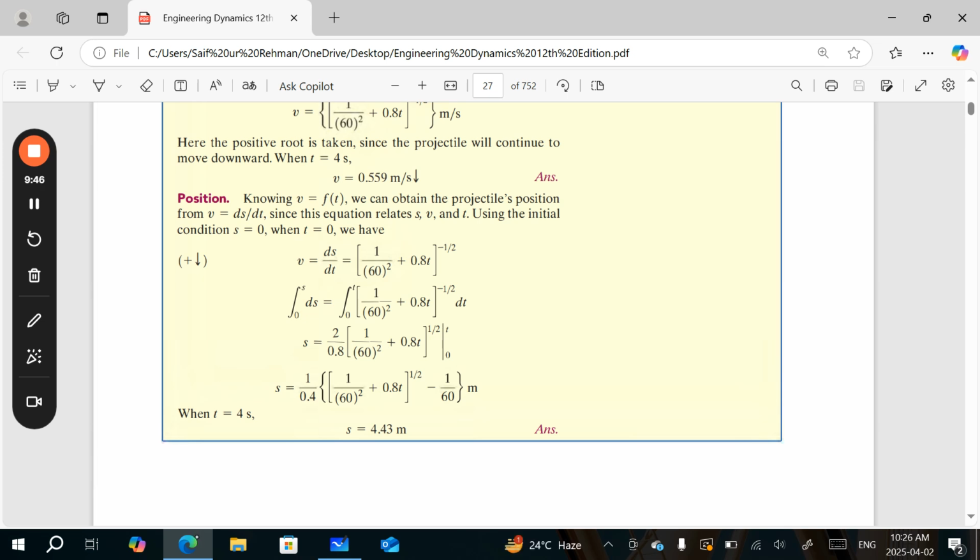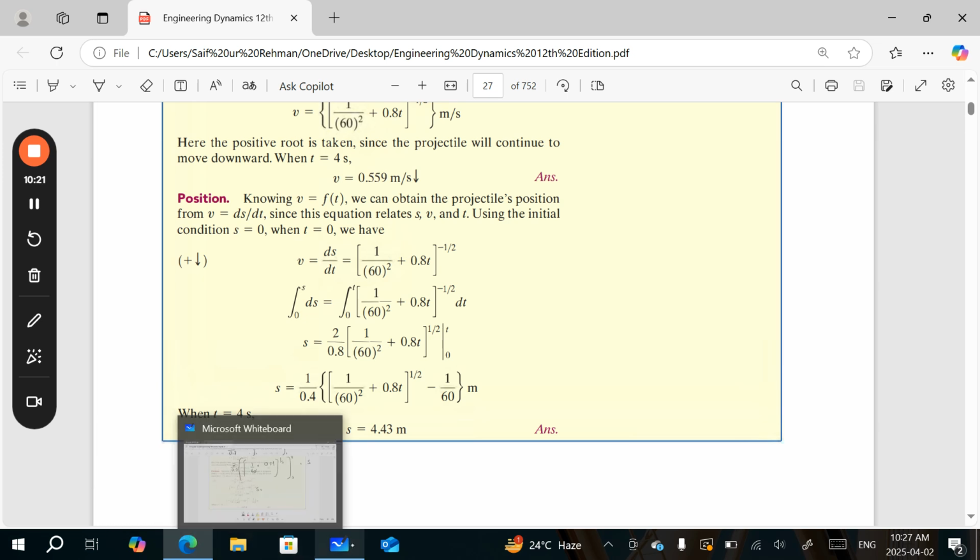Now after putting the limits, here we have 0 to 4, 1 by 0.4 (1 by 60 square plus 0.8 t) over 1 by 2 minus 1 by 60. If you put 0 in this step, the 0.8 t term becomes 0, and we have 1 by 60 square. So after putting the value of t is equal to 4 seconds, we will get the displacement s is equal to 4.43.